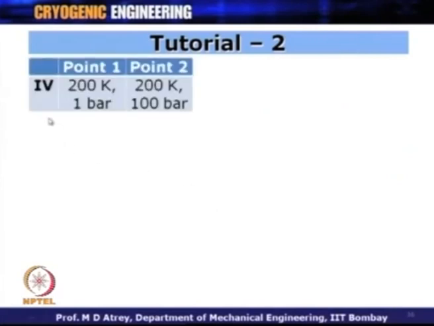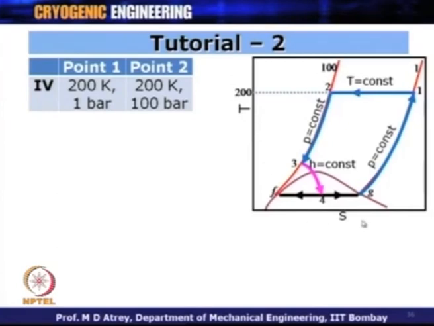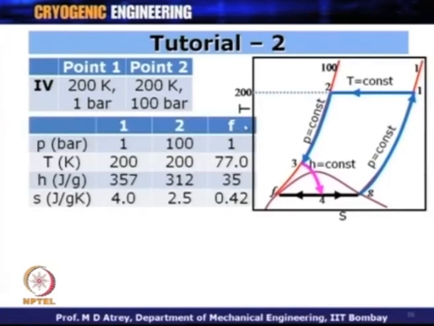And now, I have case 4, where the same compression, instead of being done at 300 Kelvin, from 1 bar to 100 bar, I am doing at 200 Kelvin. Again, I will go back to the TS diagram and get points 1 to F from this chart. Here my point 1 is at 1 bar, 200 Kelvin, and point 2 is at 100 bar and 200 Kelvin.